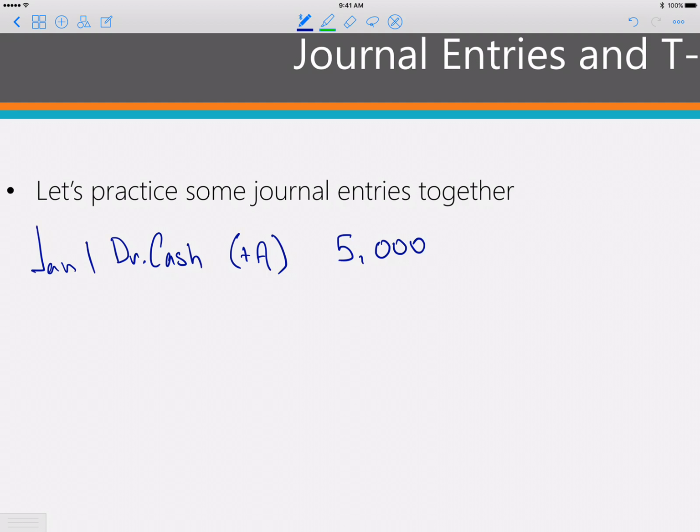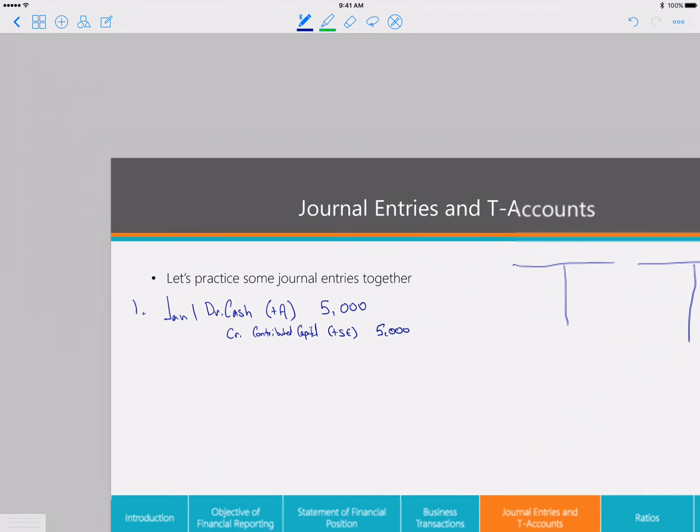And what did the company give up to you in exchange for that? Remember, this is all from the company's perspective. So the company credits contributed capital, and this is an increase in shareholders' equity of $5,000. They gave you $5,000 of shares for it.